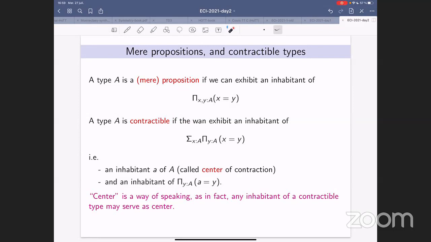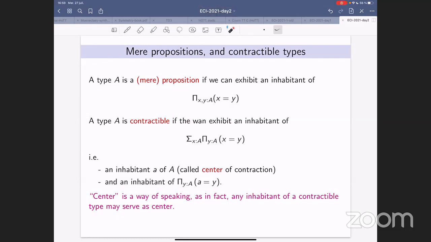Now, there is another notion which is even stricter in some sense, which is to be contractible. So a type is contractible if you can find an element and a proof that all other elements are equal to this element. So it's very similar to being a proposition, because you know that all elements are equal.